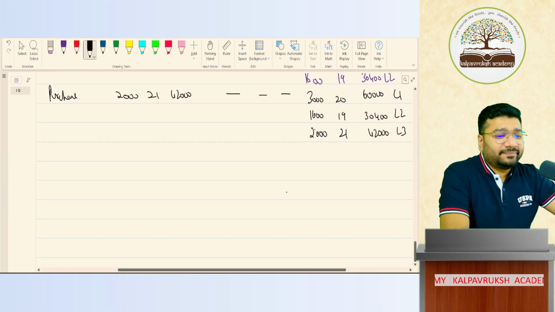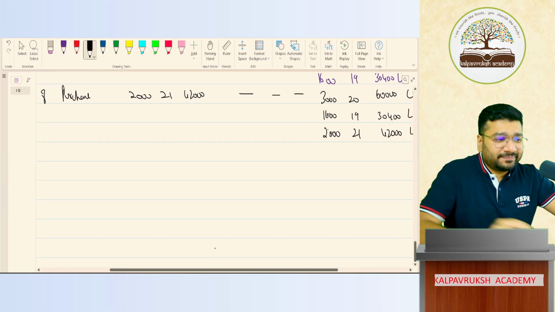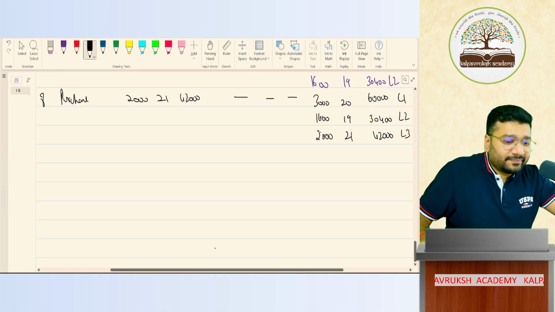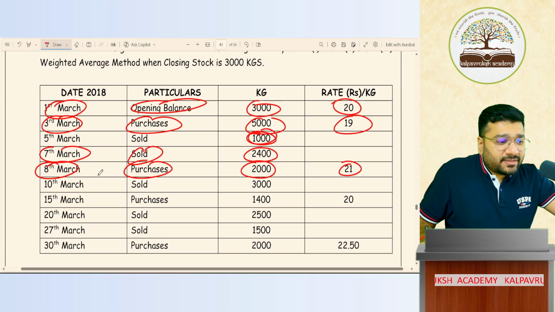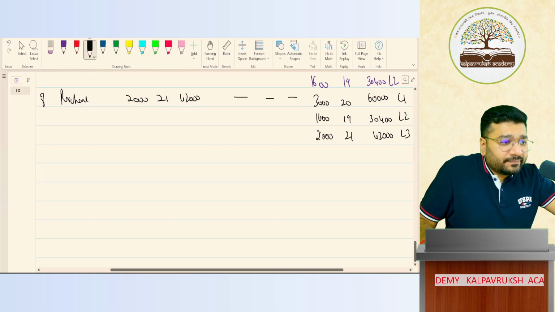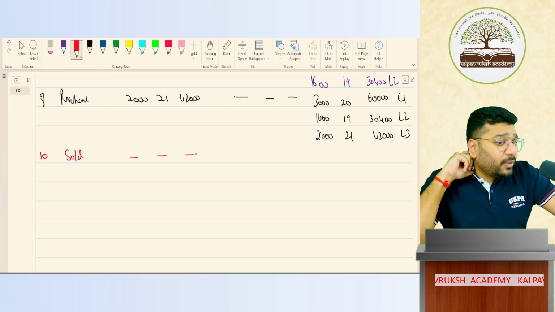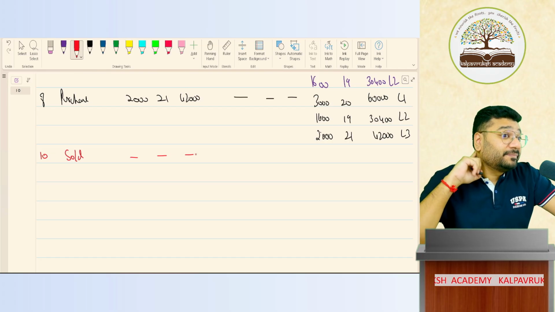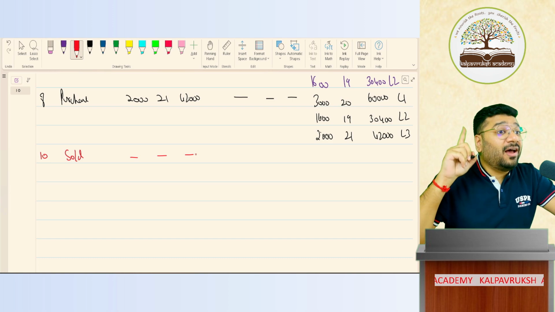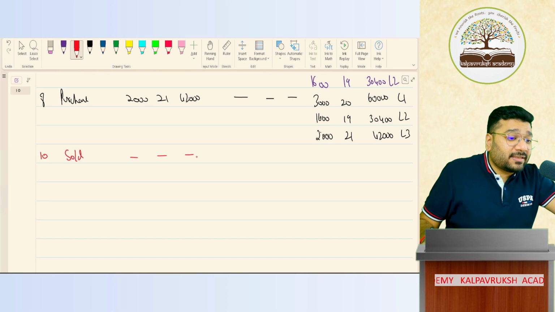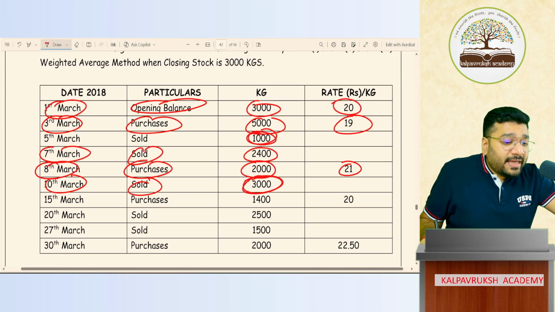Okay. Next, 10th March, sold 3,000 kg. From which lot? L1, L2, L3. Last in, first out. What came last? L3 came last. I need 3,000 kg, but how much is in the last lot?